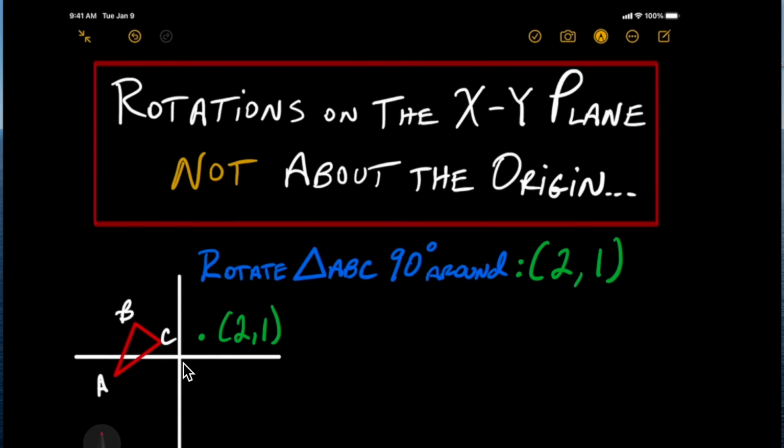So folks, instead of rotating about the origin, which I covered in a previous video, we will be rotating around this green point. Now recall, when you see 90 degrees, that is the same as counterclockwise. So positive 90 degrees is going to be counterclockwise.